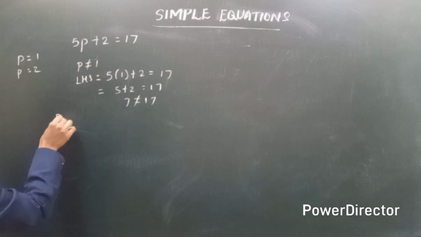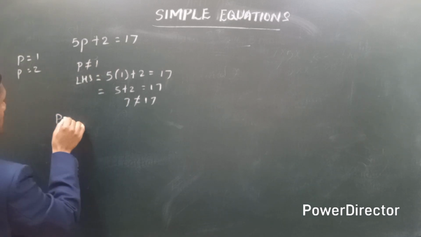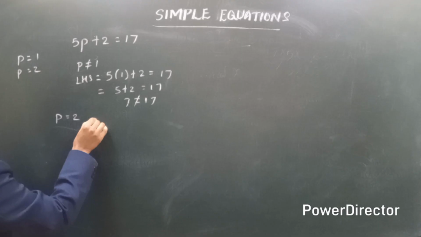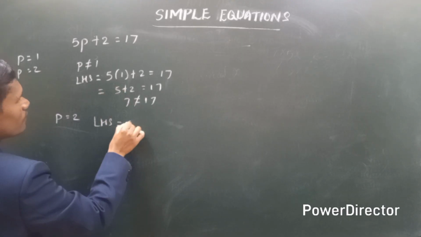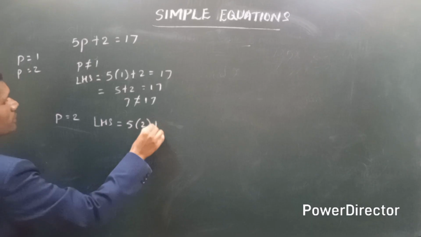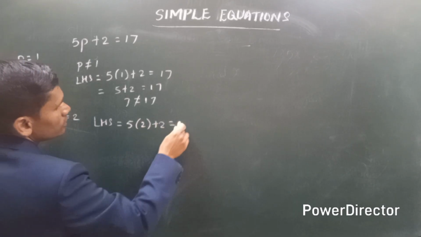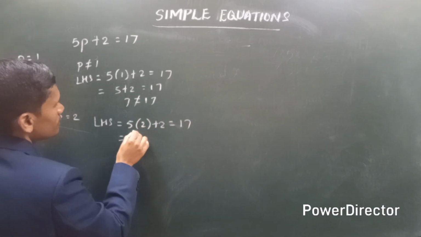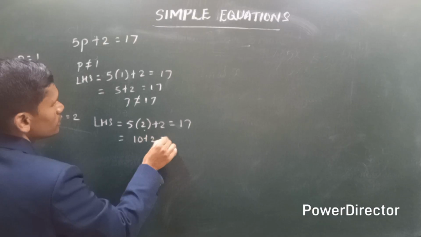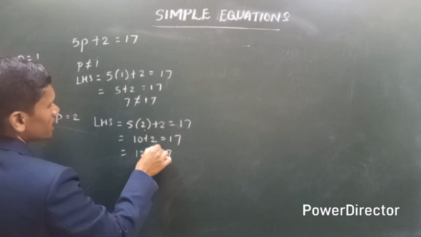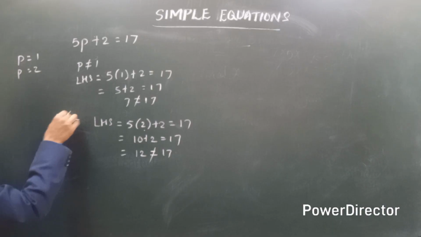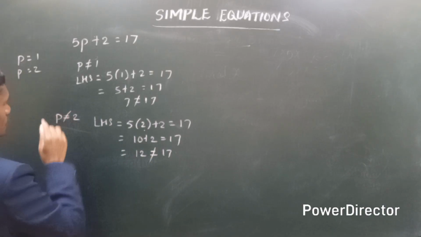If you take p is equal to 2, LHS is 5 into 2 plus 2. 5 twos are 10 plus 2, that is 12. 12 is not equal to 17. Therefore, p is not equal to 2.